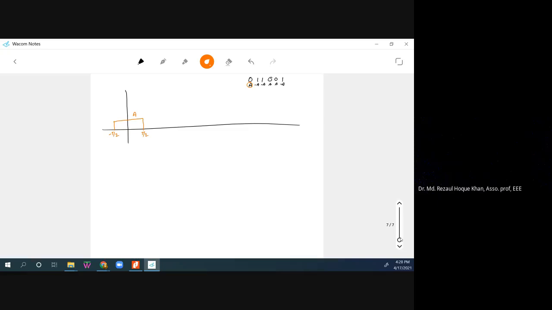This signal is first amplitude a with p(t). If it's 1, the amplitude would be minus a. Here amplitude is a. Okay, the first symbol. The second symbol starts from T by 2 up to 3T by 2.